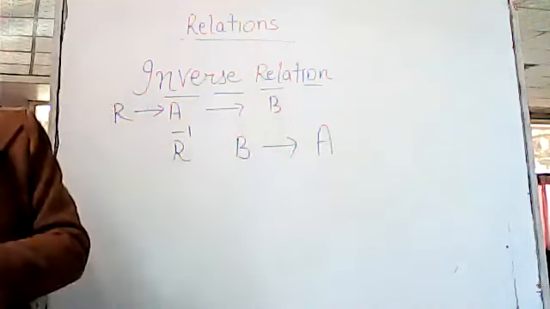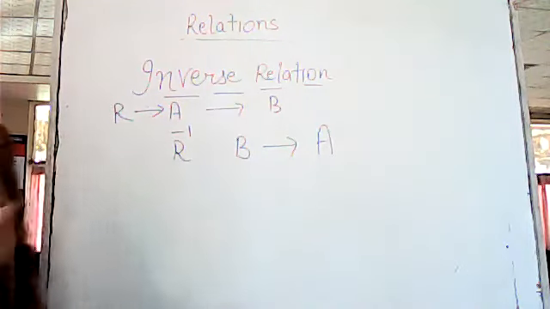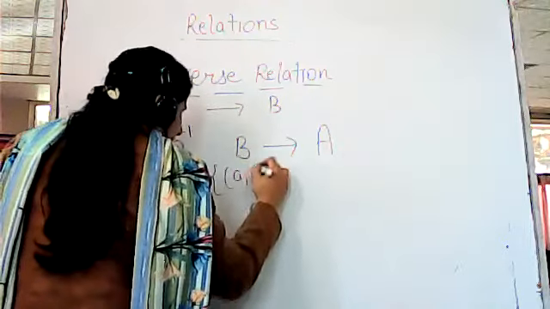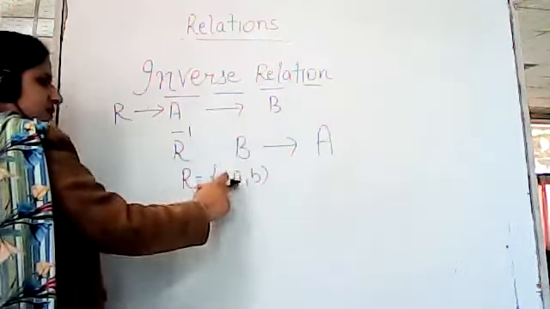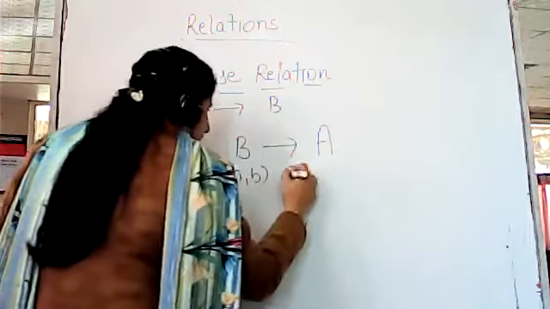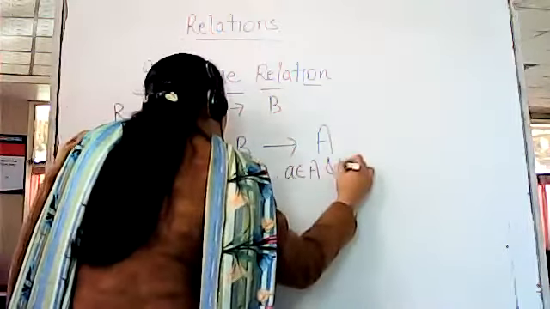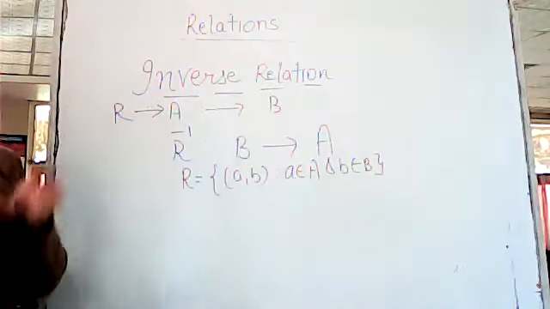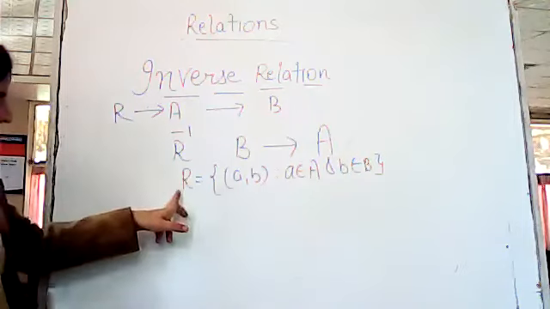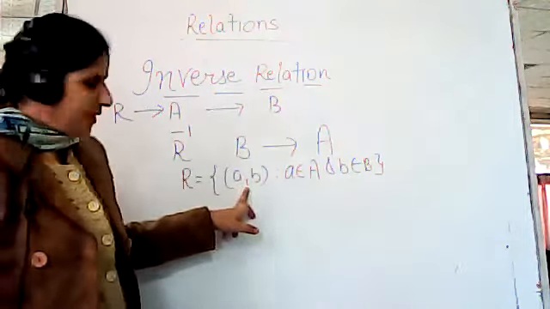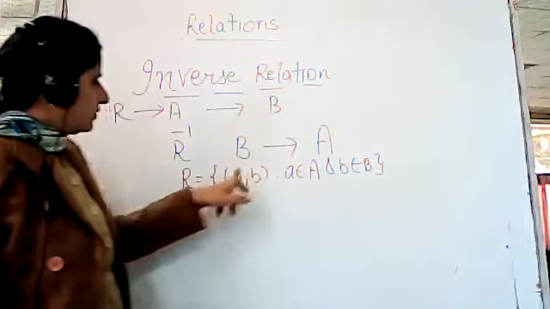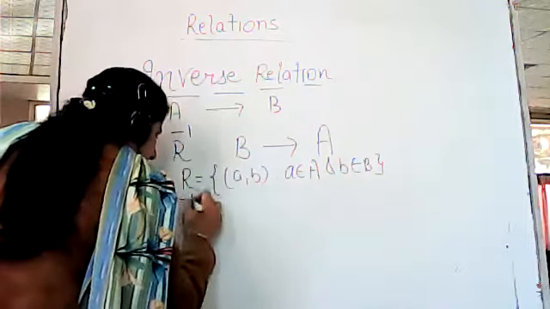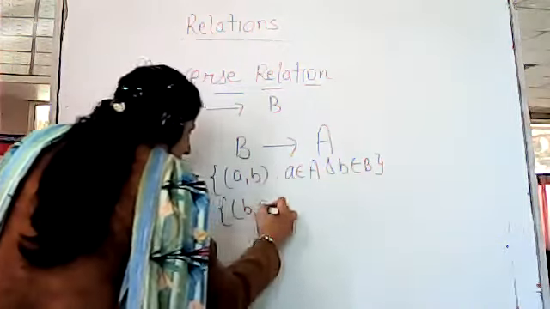For example, suppose I take this general notation. If R is a relation which consists of all the ordered pairs in which the first element belongs to set A and the second element belongs to set B, this is the definition of a simple relation. Now what is R inverse? This is equal to (b, a).